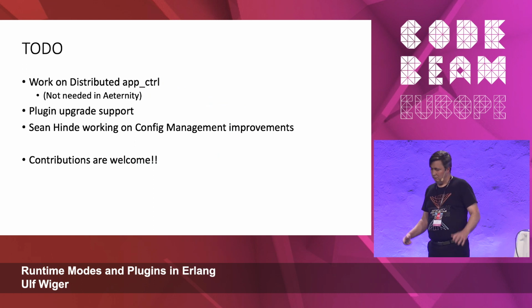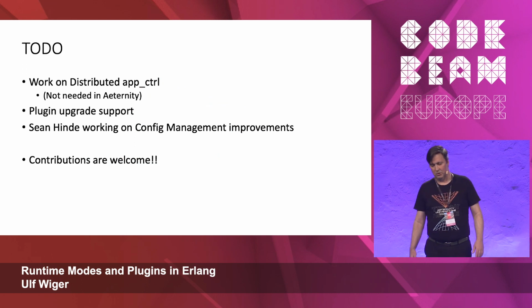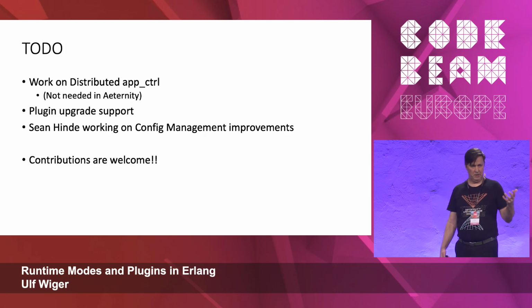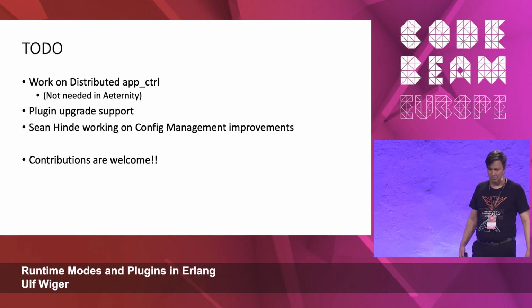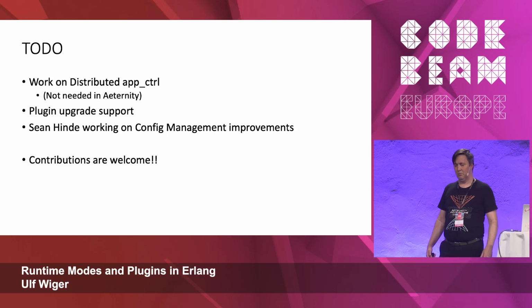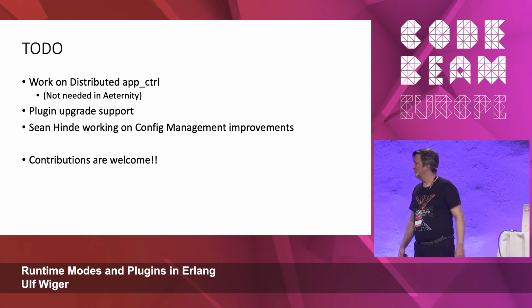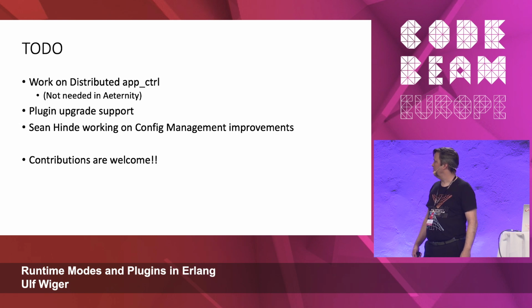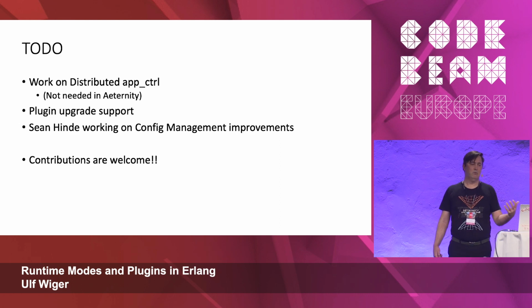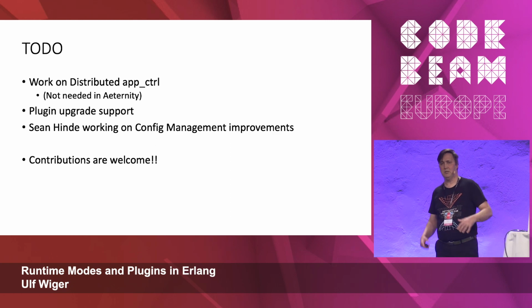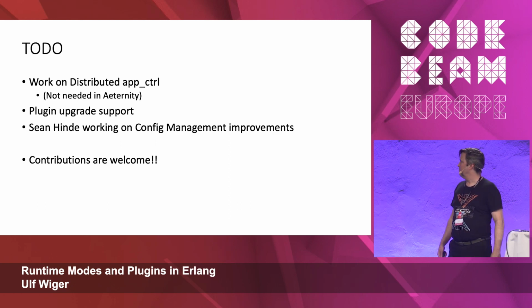So, do we need distributed application control? I don't know how many do nowadays. We've heard some talks about cluster controlling here. The plugin upgrade support, I think I need to work on to make it function a little bit easier so that you can easily upgrade the plugins. Now, Sean Hinde has some ideas from his Synapse days and telecom days on making better configuration management support.